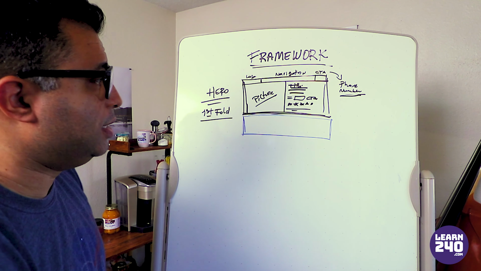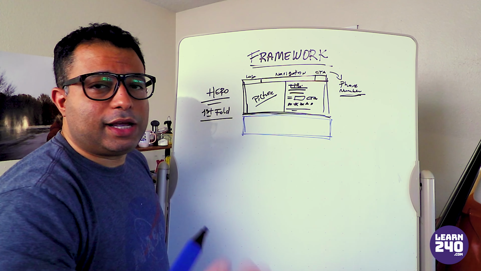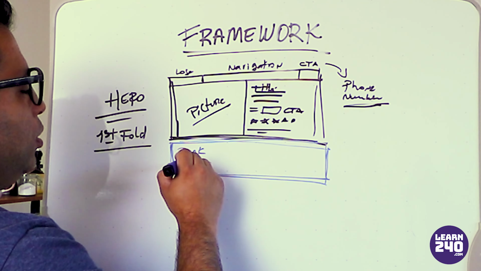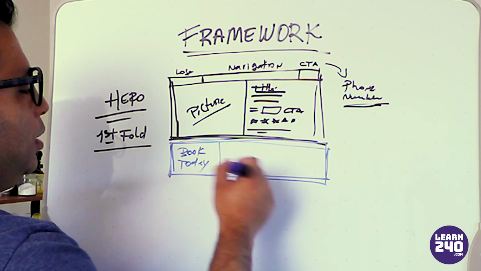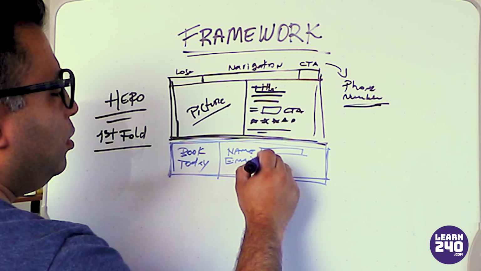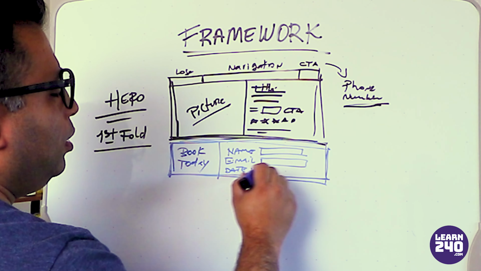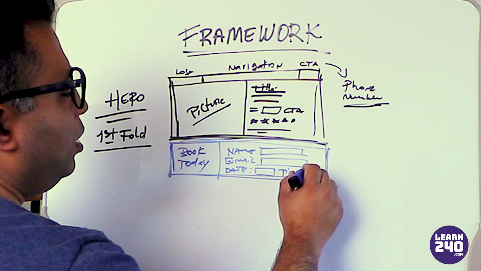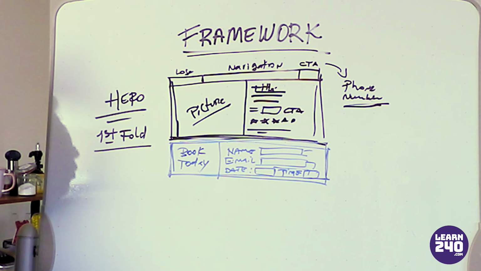Right after, you have a bar or a banner saying book today. Then you can have a small form: name, email, date, and time. Let's just pretend this is our booking form.